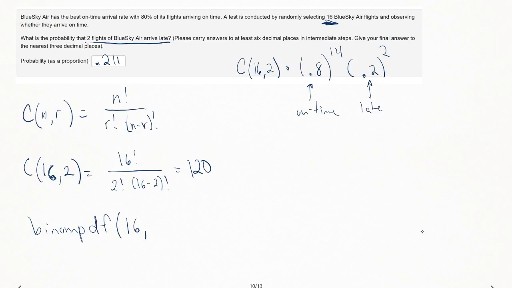And then, actually, this is going to be slightly different. Even though you see 80% here, the last condition, the number that we want to arrive late, is 2. So that means we want this probability, since this is late arrivals, this is a probability of arriving late.